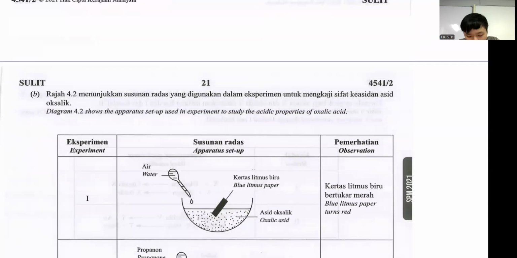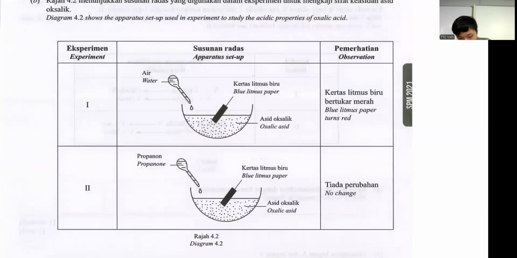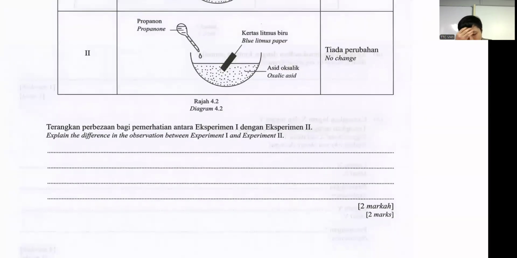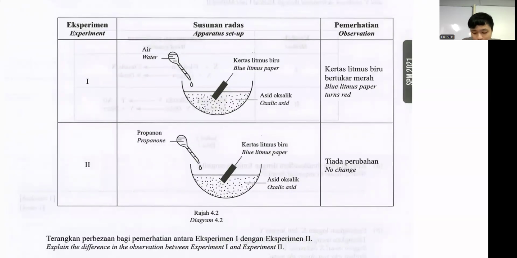Diagram 4.2 shows the apparatus setup in an experiment to study the acidic properties of oxalic acid. Explain the difference in the observation between experiment 1 and 2. This is quite an easy question. One added water.